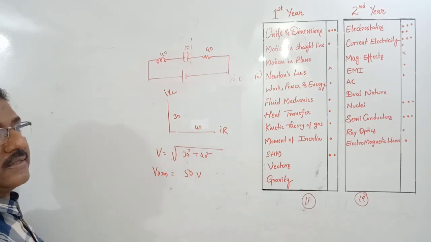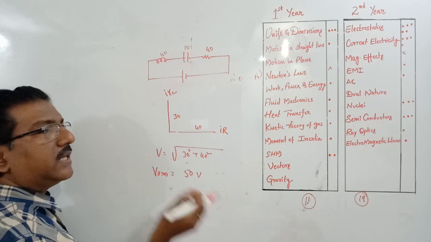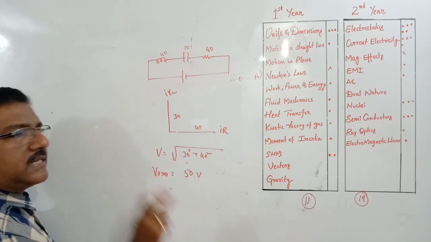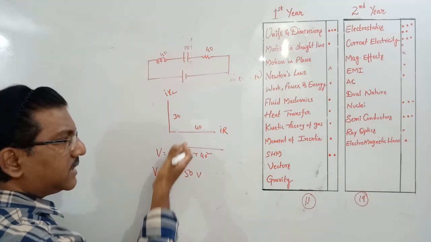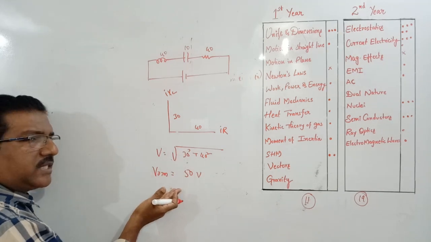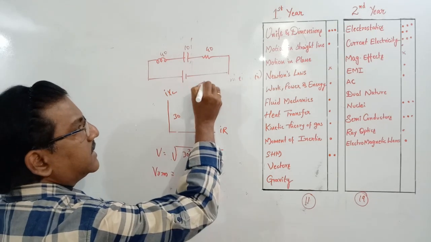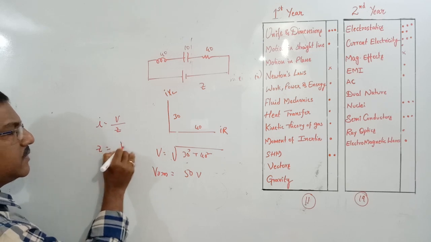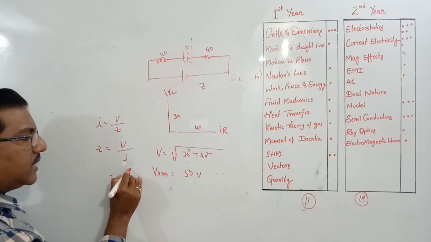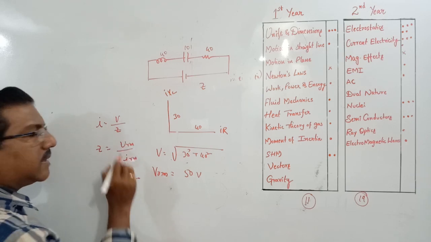Already we crossed. Having that common knowledge of each and every point, and I ask you to repeatedly revise, having some application. This is a direct question. It's not an application point of view. If we want Z, what is the Z? I is equal to V by Z. Z is equal to V by I. V we only now calculated, but V RMS we have, we need I RMS.